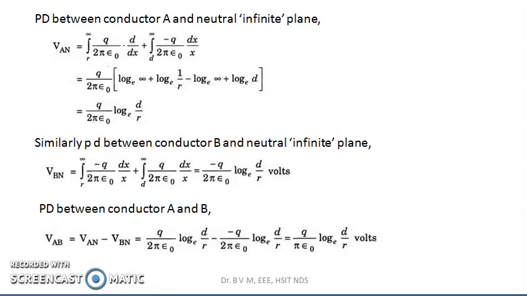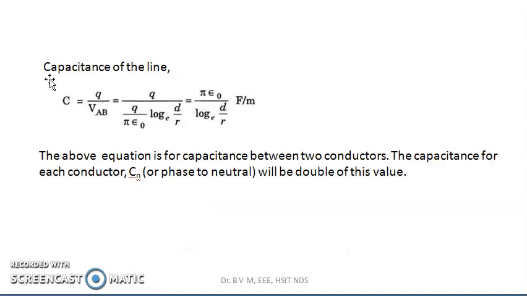Now, the capacitance of the line can be calculated by C equals Q by V. That is, C is equal to Q by VAB, which is equal to Q divided by (q by pi epsilon naught log d by r), which is equal to pi epsilon naught divided by log of d by r.